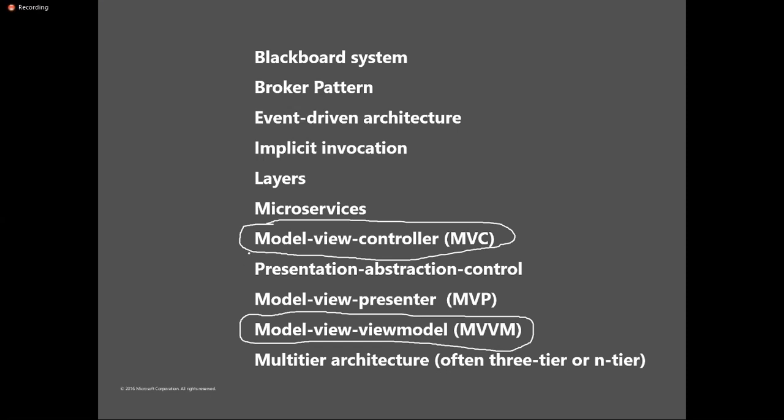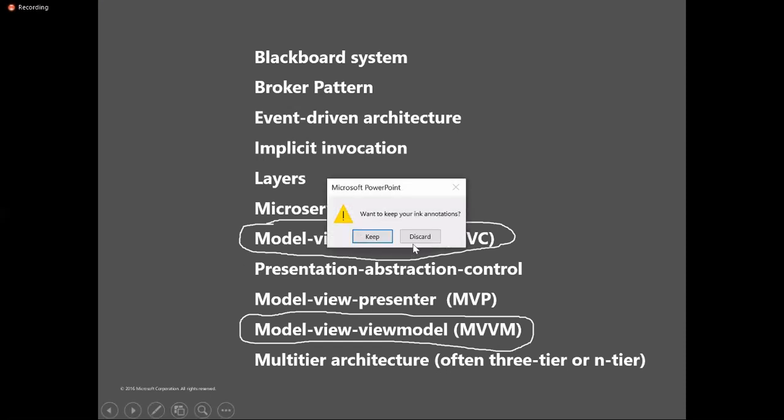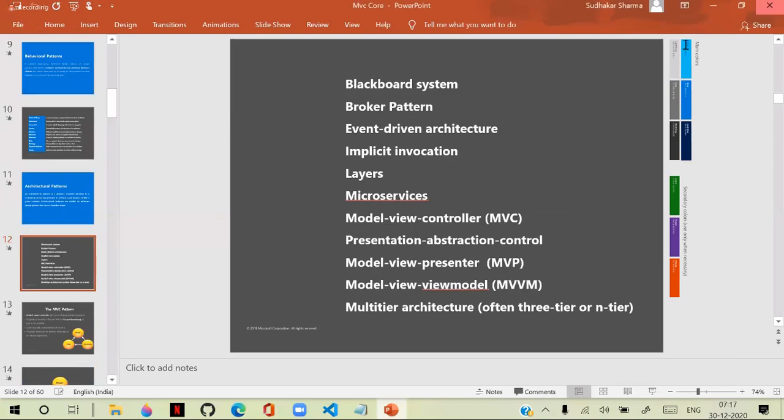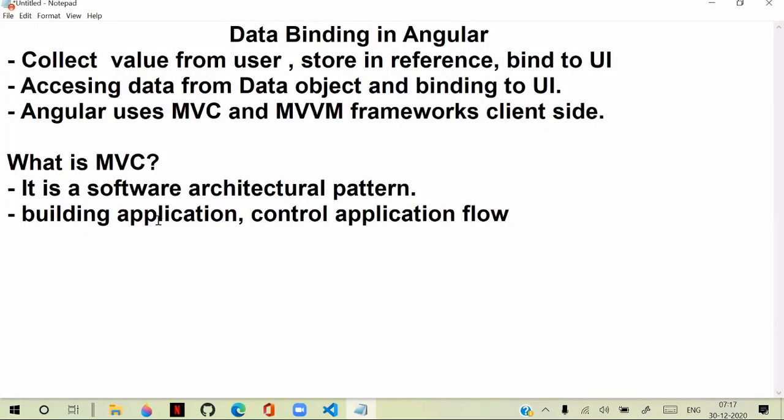Actually, that is the key point we need to understand generally. So they are architectural patterns. So architectural patterns are responsible for building application and controlling application flow. Actually, MVC was introduced. MVC is Model View Controller.